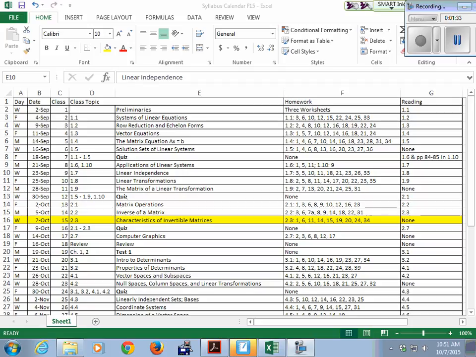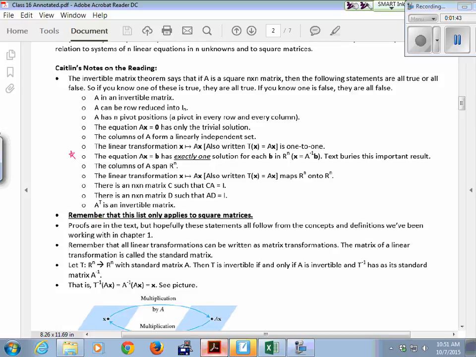Okay, so today is the section of the book that really pulls together a lot of the ideas from chapter 1. I just wrote out the invertible matrix theorem as my notes.